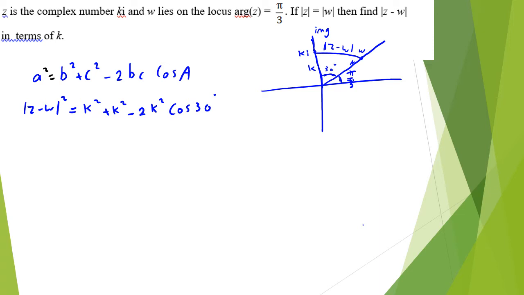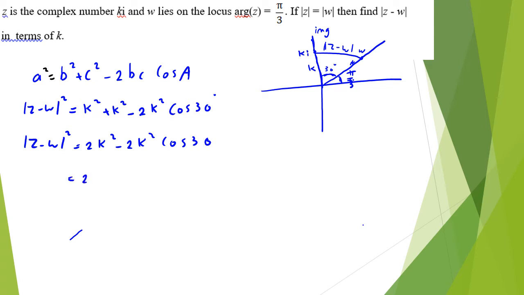Now solving this one here, 2k squared minus 2k squared cosine 30. You can find the answer for cosine 30, but I'm not finding it now because I always try to use the answer button on the calculator, so I avoid rounding.